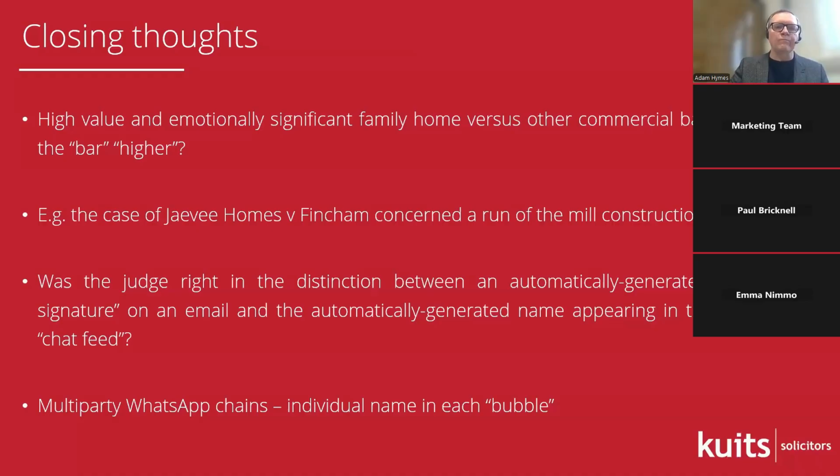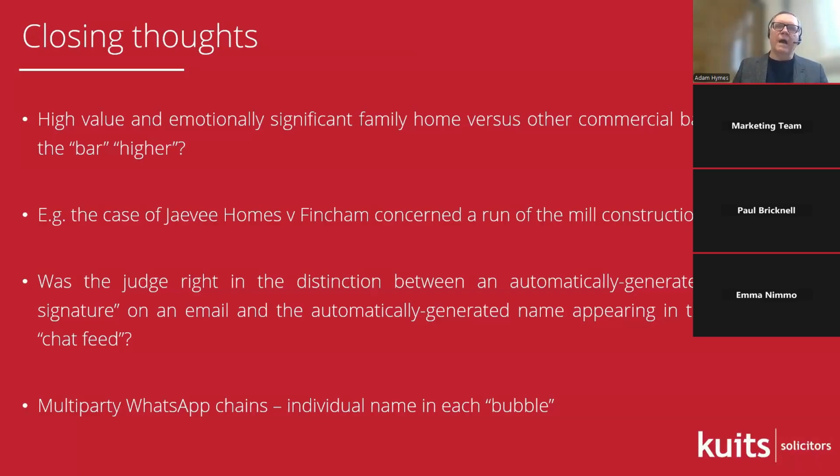So let's think why. My closing thoughts are, was it relevant that this property was a high value property in itself and had some emotional significance, being the family home of the parties who were in divorce proceedings, very highly charged?